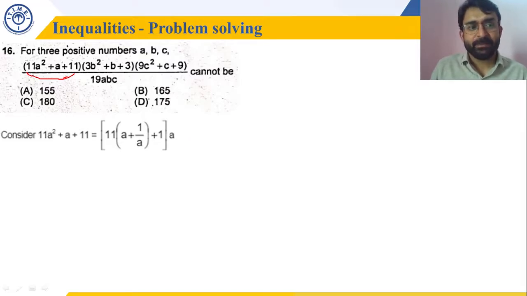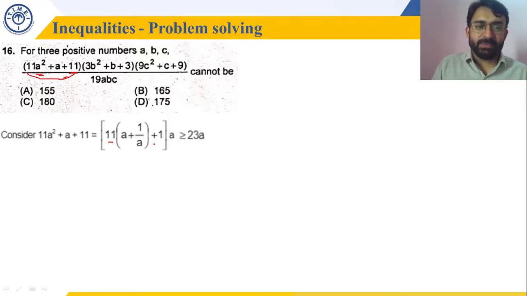So that is a times 11a plus 1 plus 11 by a. If I take a common from this bracket, I'll get 11a plus 1 plus 11 by a. Is it okay? 11a plus 1 plus 11 by a, and take 11 from these two terms. So what will I get? 11 times of a plus 1 by a, plus 1. Am I right?